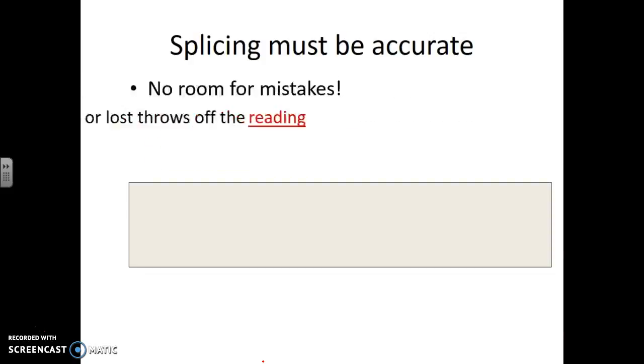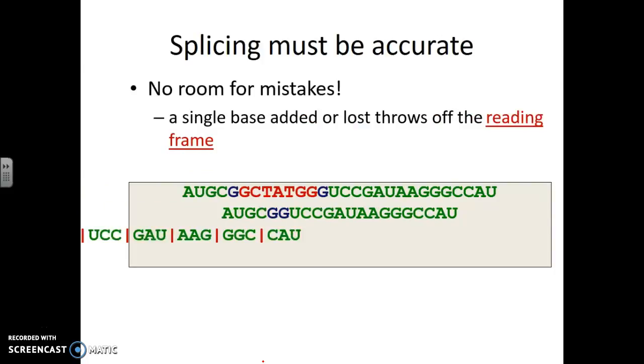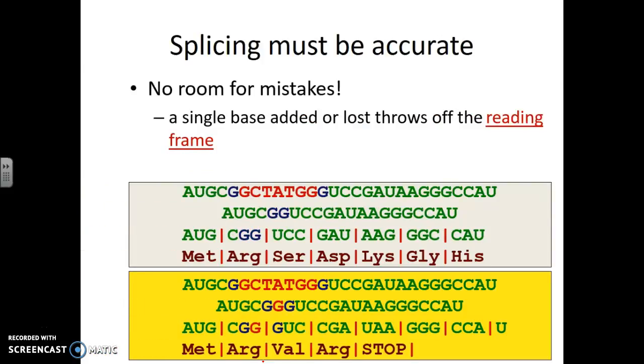Now, it is important that splicing be accurate. If we look at the image at the bottom, you'll see splicing one letter incorrectly changes the reading frame and changes the whole amino acid sequence. The red is the intron, and if you look at the difference in splicing, here we have an extra G that was put in compared to here.